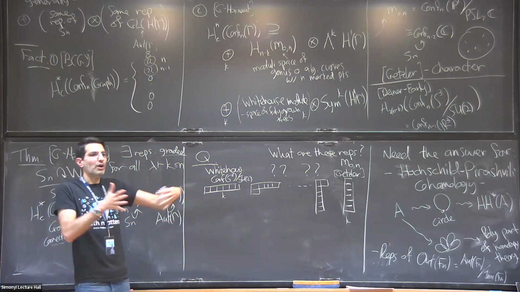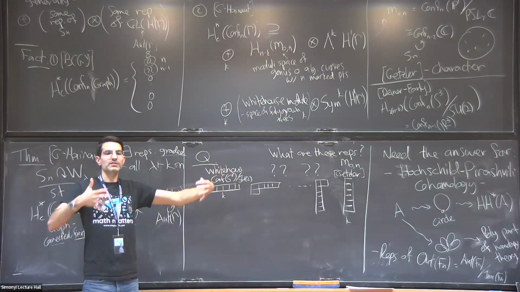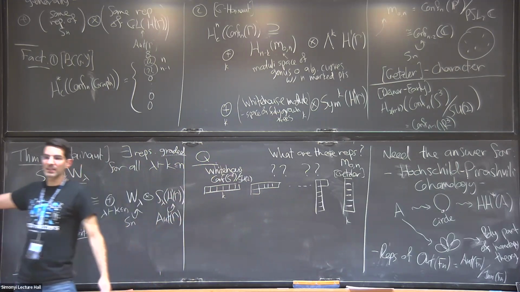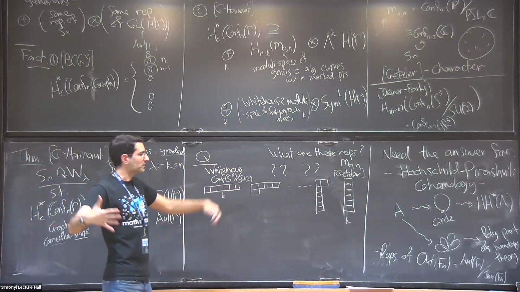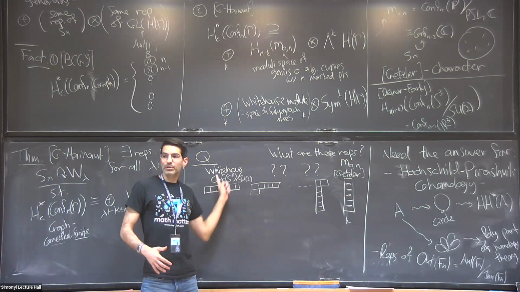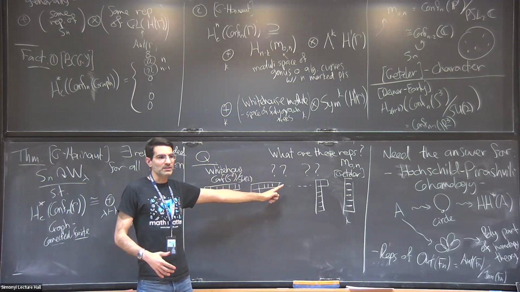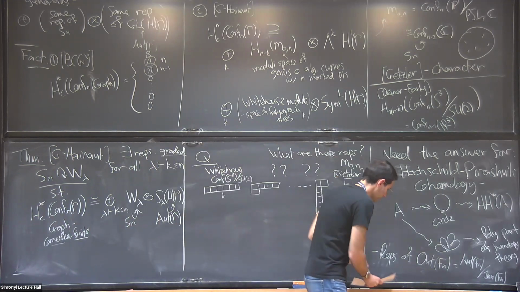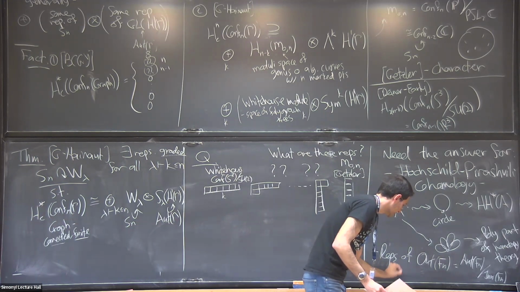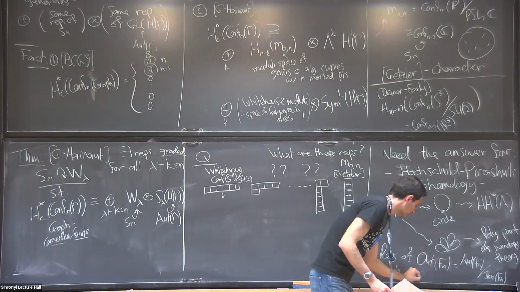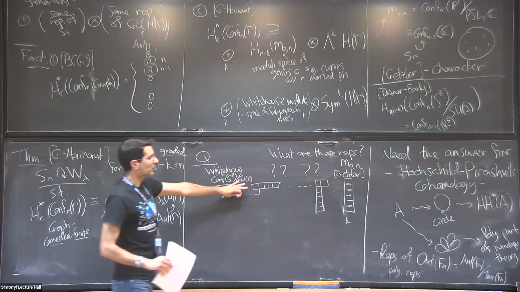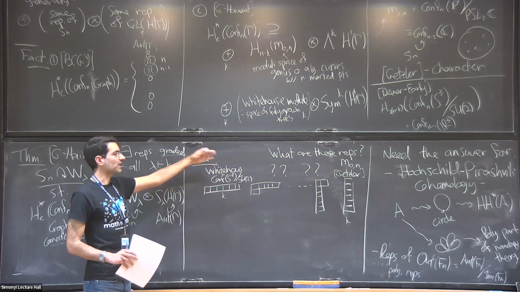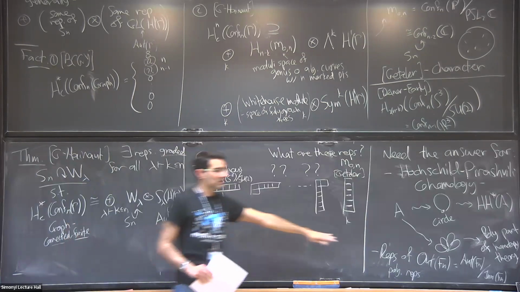And the question is, how big can I make them? What are all possible ways to take these representations and extend them to something indecomposable? And these are all the indecomposables. That's the answer. So these are the polynomial representations of this group. So if you know what these are, you can start doing homological algebra on the category of these representations.